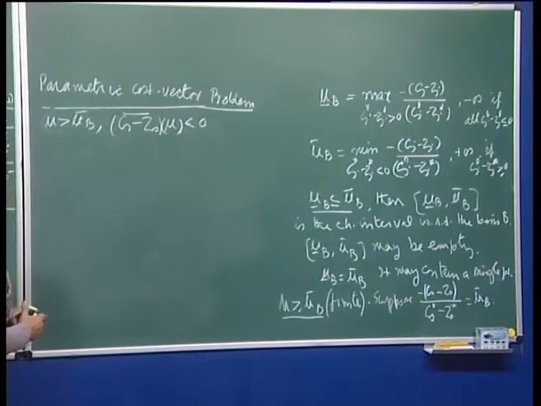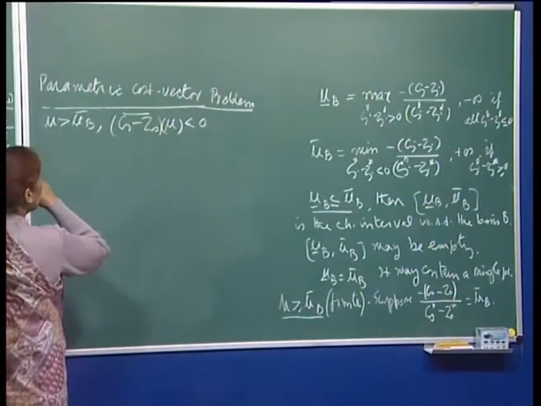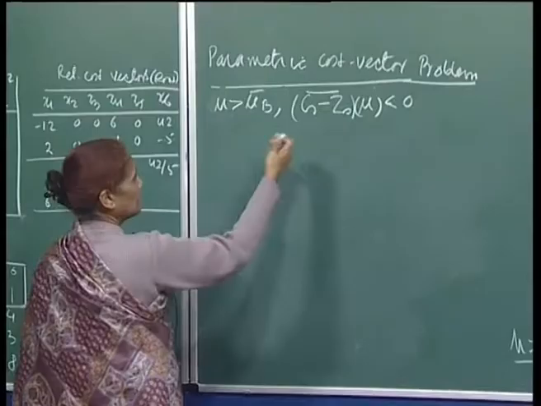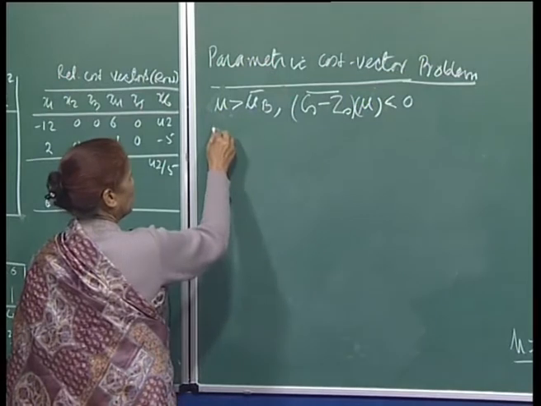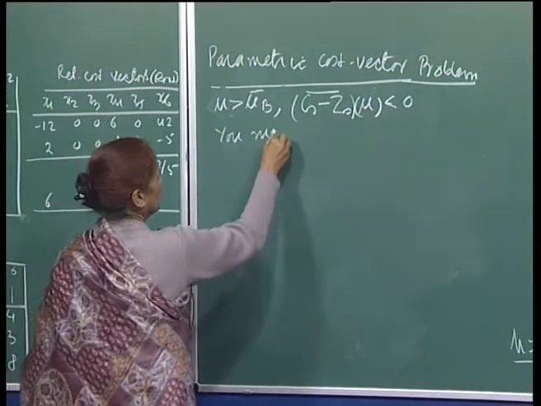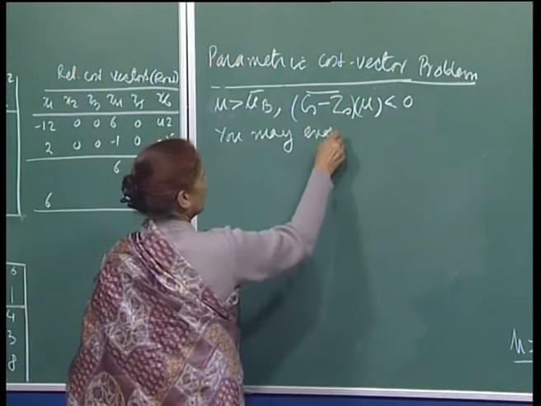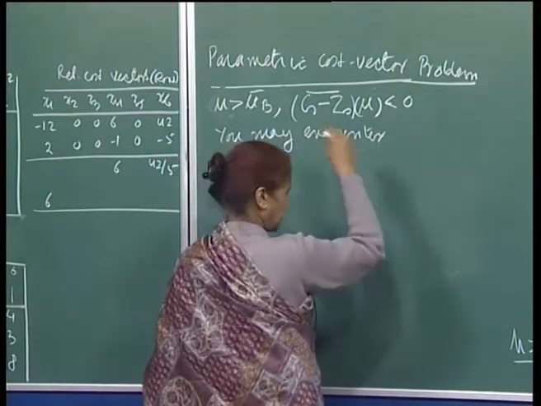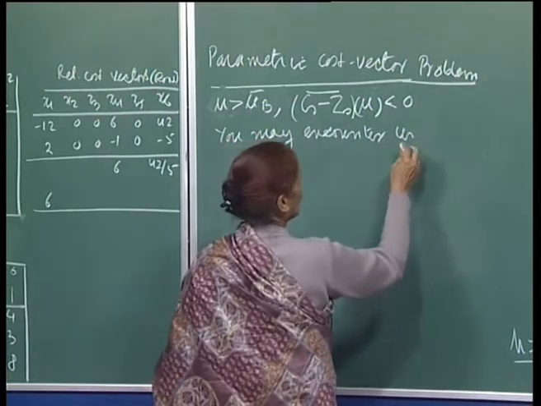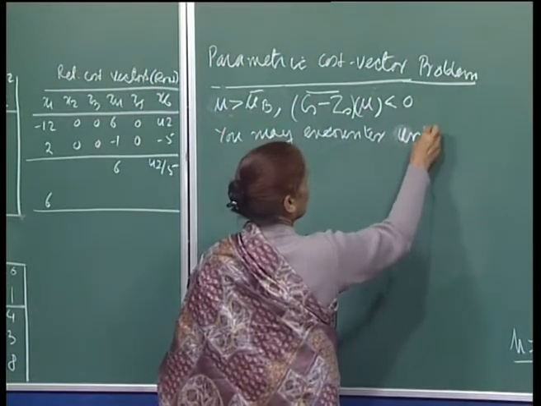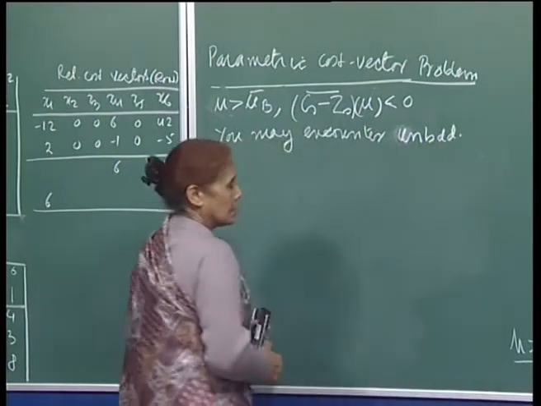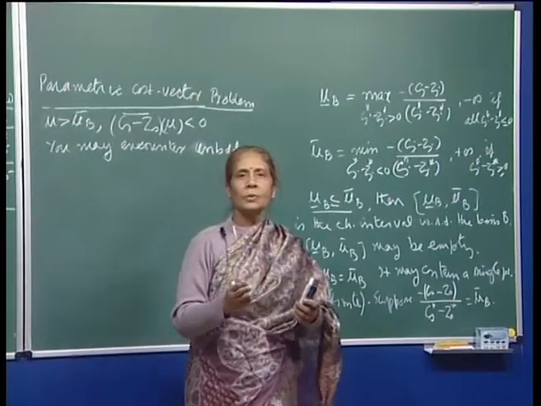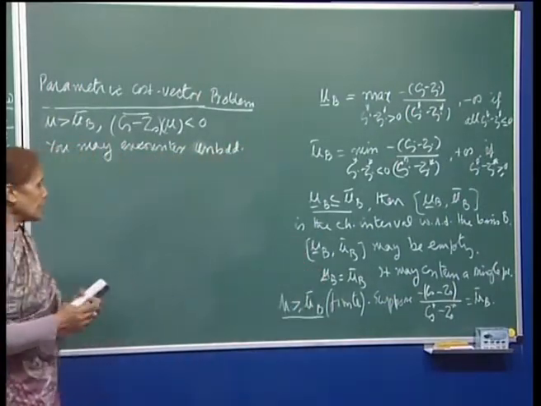So as you proceed with the simplex algorithm, you may encounter degeneracy, unboundedness. You may encounter unboundedness, because feasibility is not a problem, since in the simplex algorithm you will go from one basic feasible solution to another, right.